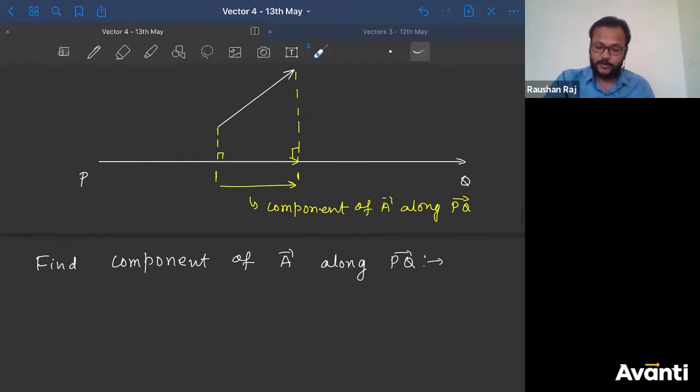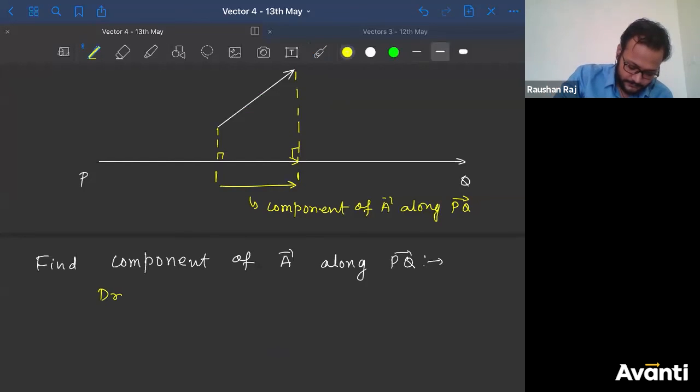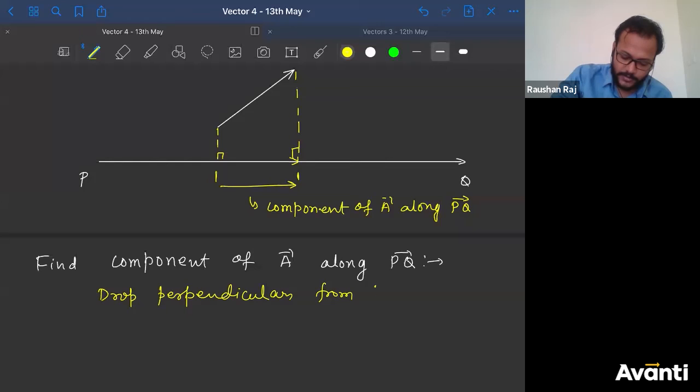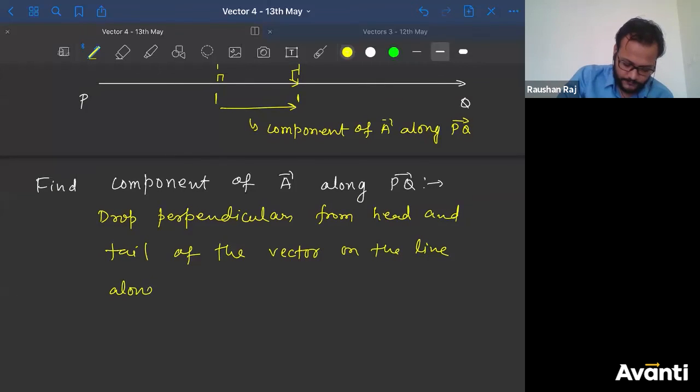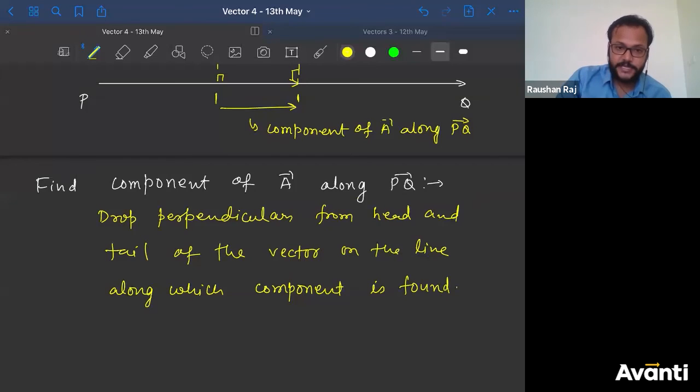अच्छा, तो to find the component of A along PQ क्या करना पड़ेगा आपको: drop perpendiculars from head and tail of the vector on the line along which the component is formed. ठीक है, ये कर लिया.